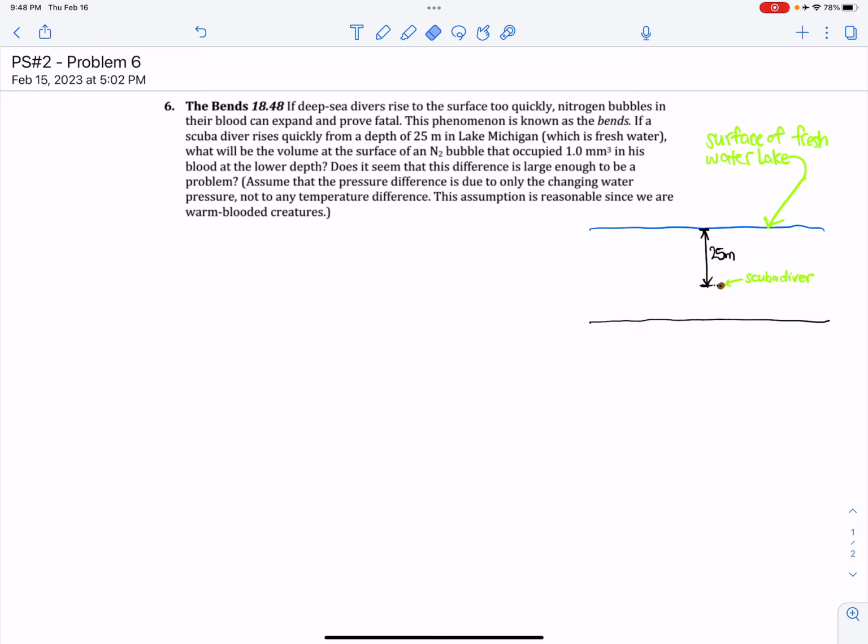Okay, and we have a little drawing of our problem on the right with the scuba diver represented by the brown point, and it is 25 meters below the surface of the freshwater lake.